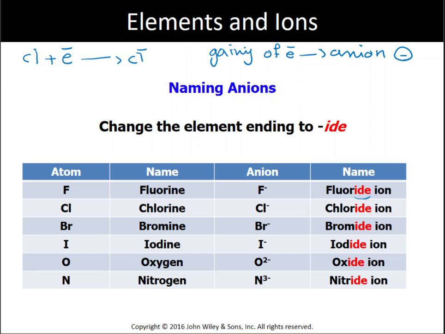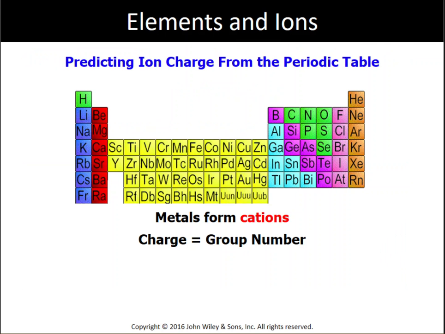Now let's see what elements in the periodic table would form cations and what elements form anions. We will also learn to predict the charges of some cations and anions. Now, all the metals form cations, no exceptions.